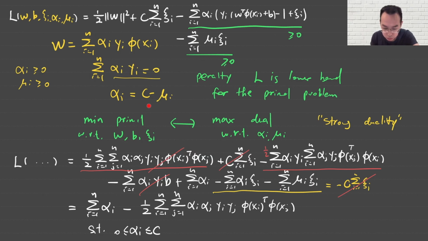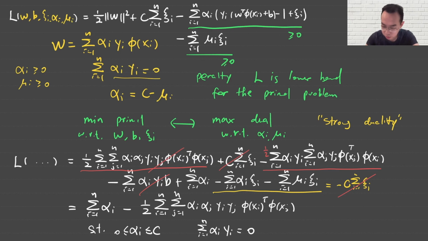So that is a constraint we have. And then we also have another constraint, the summation of alpha I yi equals 0, right? We still need that. Okay, so this is the optimization problem we got in the end.